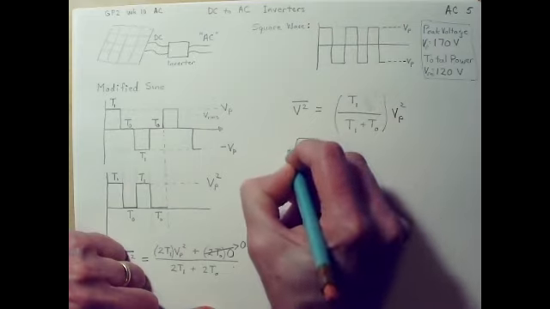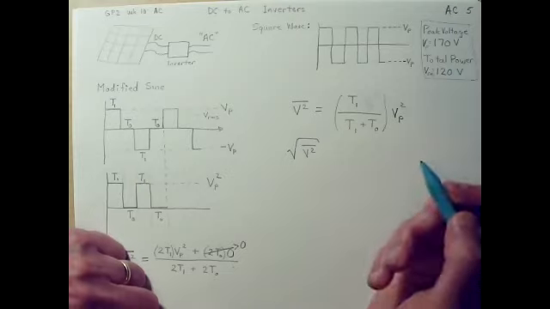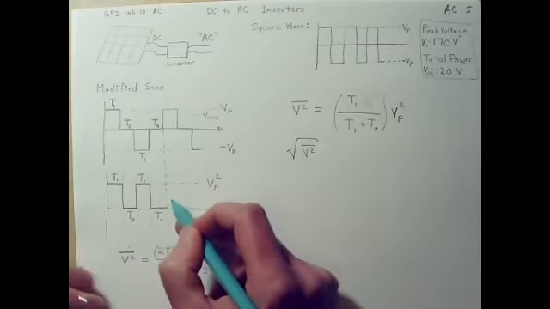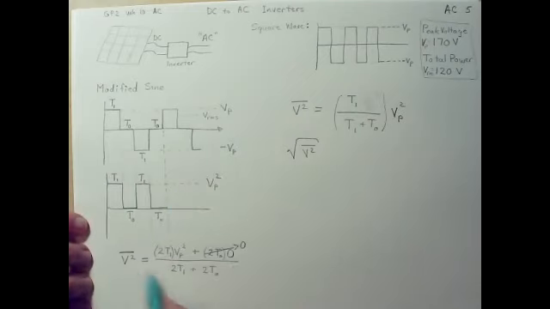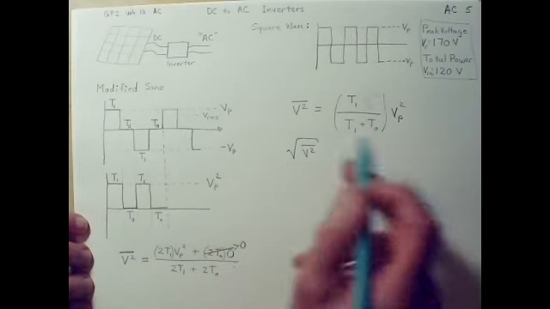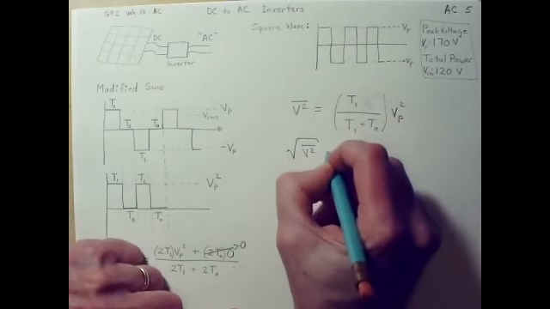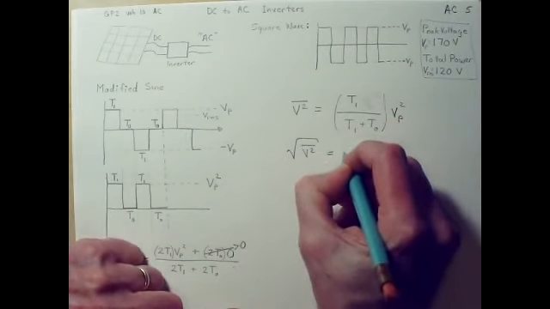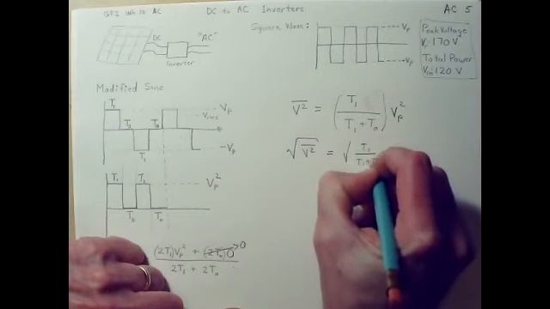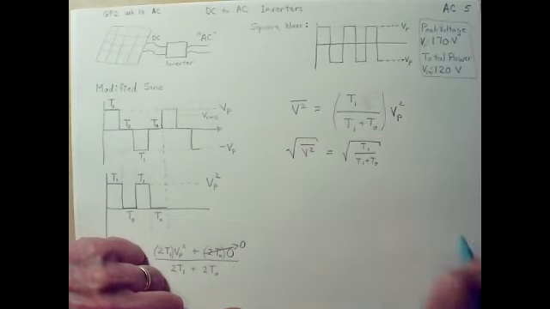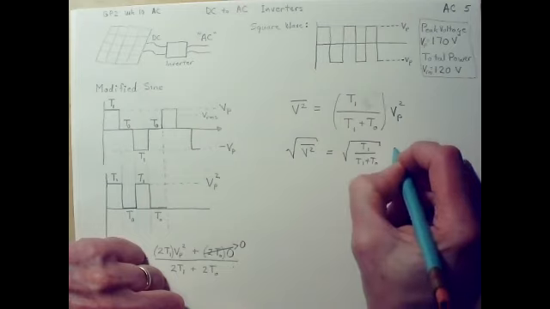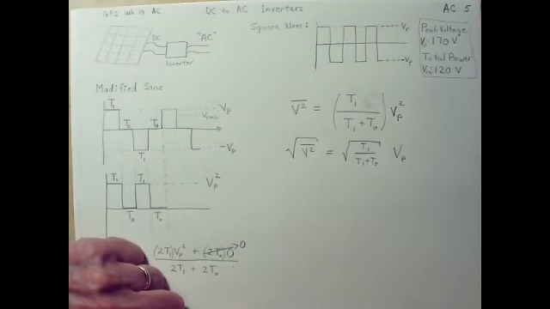To take the RMS, you first square it. That's what we did right here. Then you take the mean, that's what we did here, and then you take the square root. So now we're going to take the square root, and that's going to be the square root of T1 over T1 plus T0 times the square root of VP squared. That's just VP.